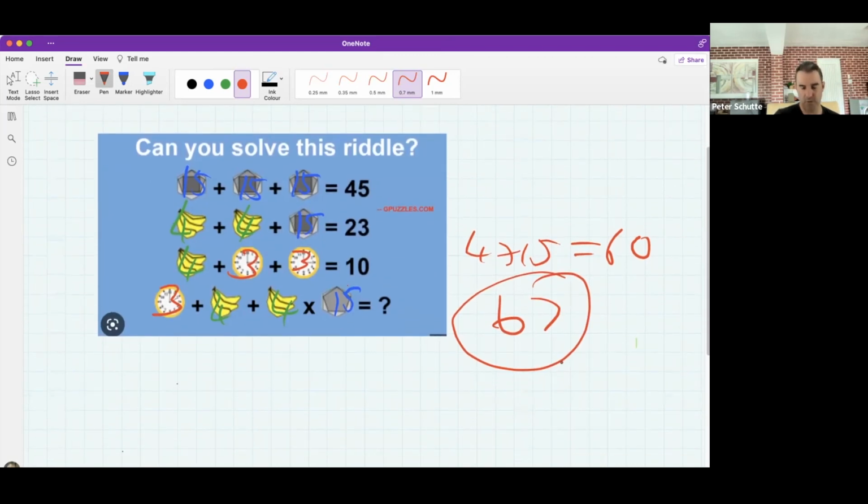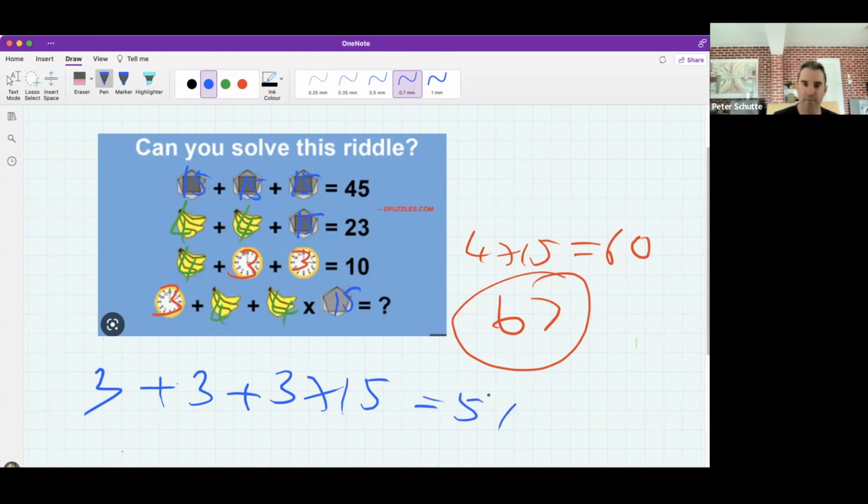It is possible that if you dispute the size of the bunch of bananas, then another possibility for an answer that is legitimate could be 3 plus 3 plus 3 times 15, because there was 3 for that, 3 for that. Another possibility, depending on how you classify your bananas, is going to be 51.